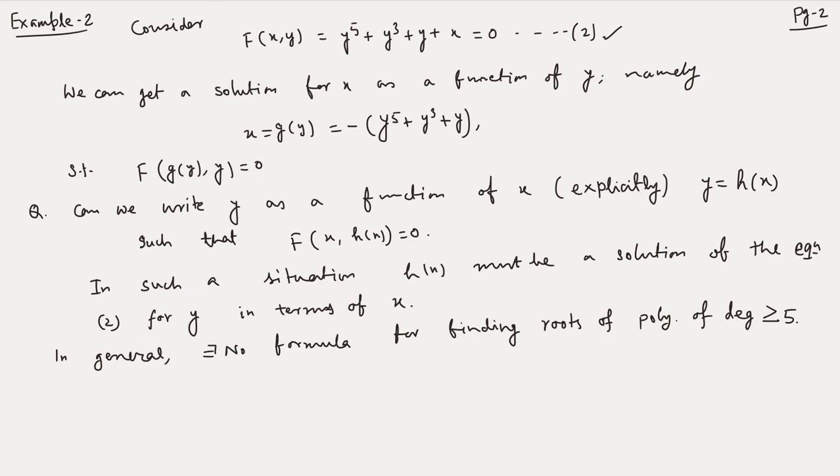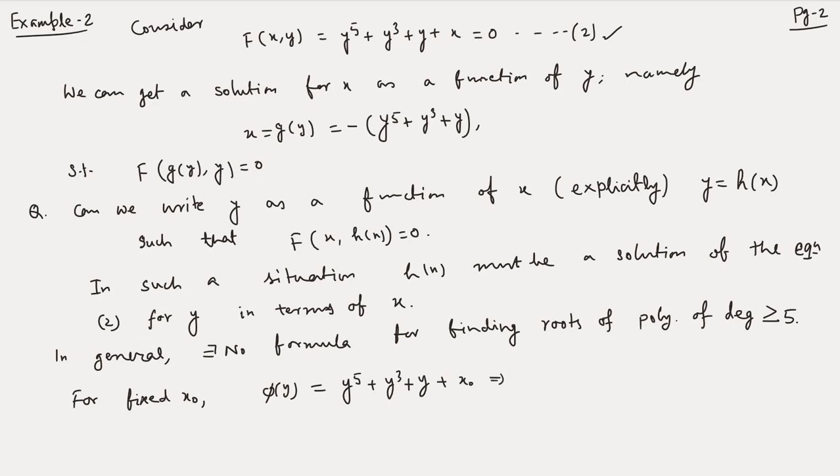So for every fixed x naught, let us define a function phi of y, which is equal to y power 5 plus y power 3 plus y plus x naught, where x naught is fixed.